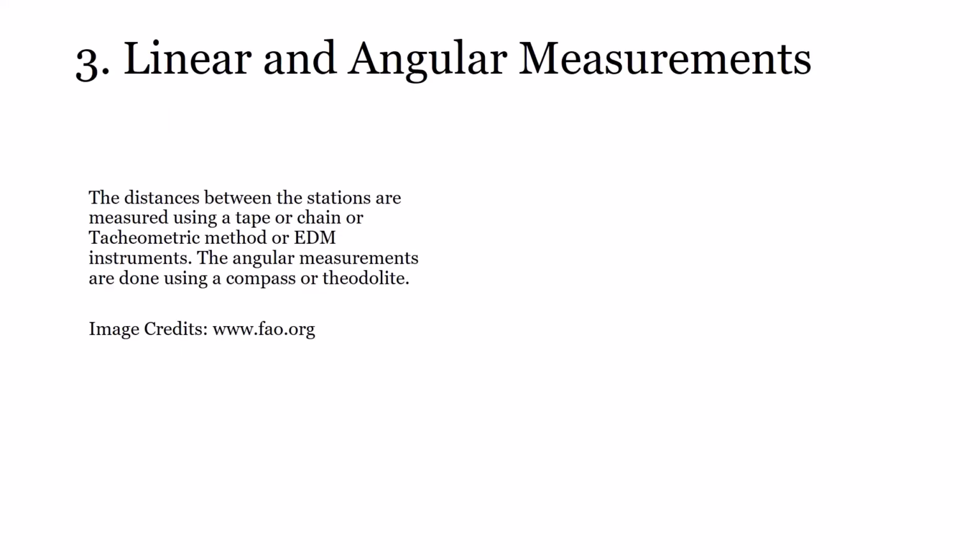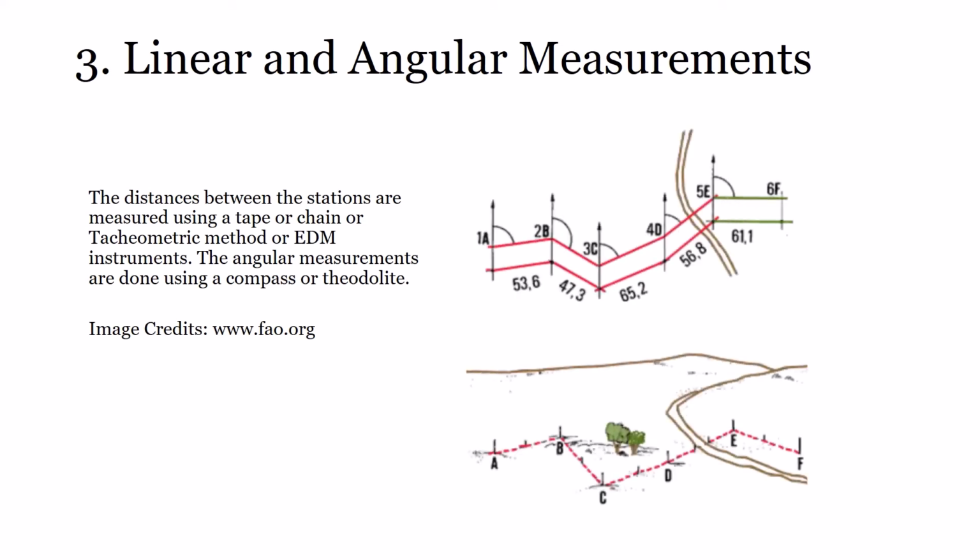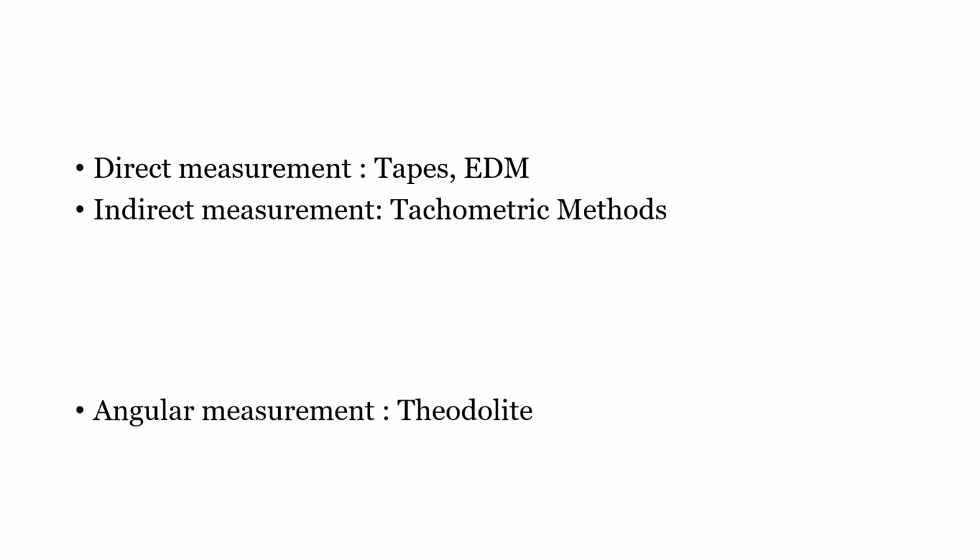Step 3 is linear and angular measurements. The distances between the stations are measured using a tape or a tachymetric method or EDM instruments. The angular measurements are done using a compass or a theodolite. The traverse lines are determined either by direct measurement, indirect measurement, or angular measurement.